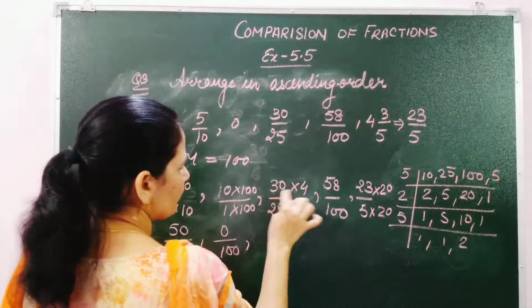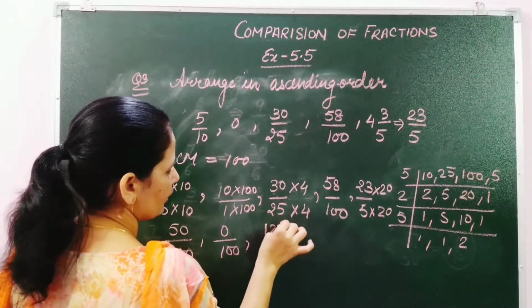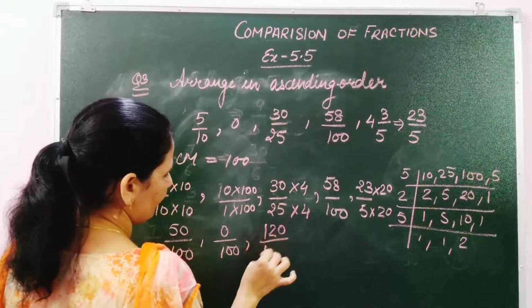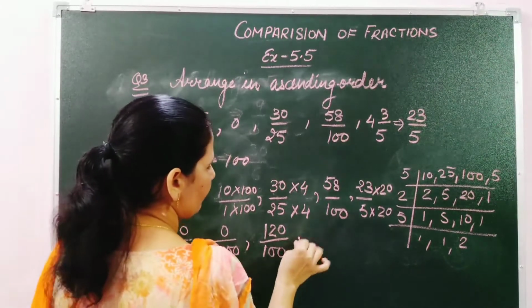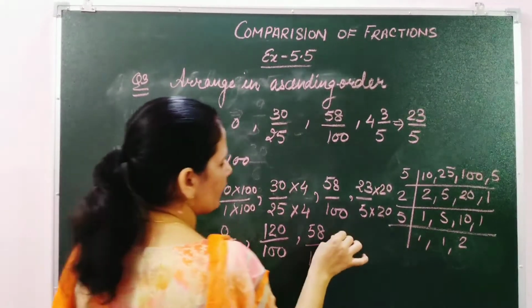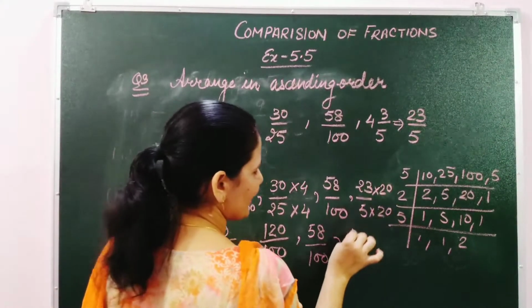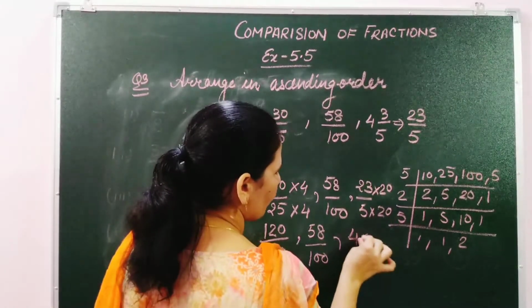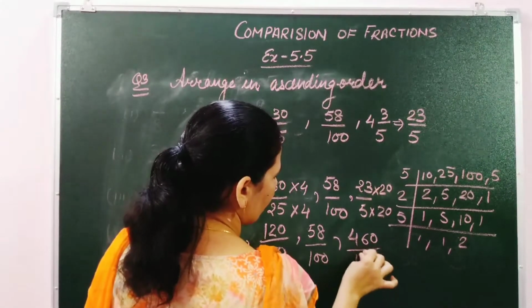Then 3 4s are 12, 30 4s are 120, and 25 4s are 100. Then 58 by 100, we will write it as it is. 23 2s are 46, and 23 20s are 460 by 100.